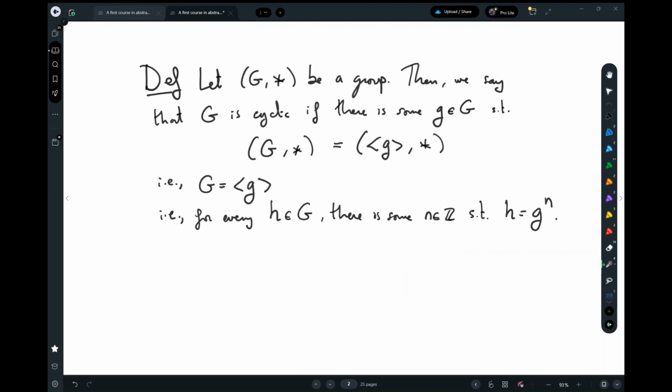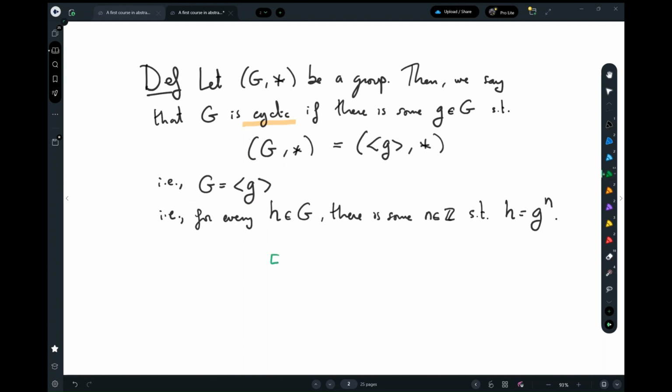Just as a reminder, a group is said to be cyclic if there is some element such that the whole group is generated by this one single element.